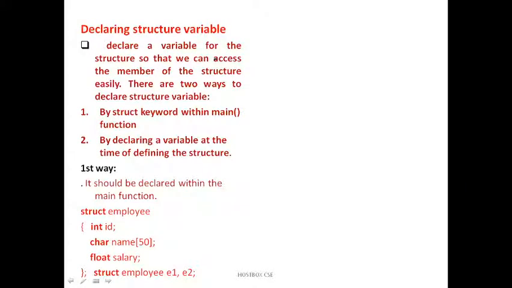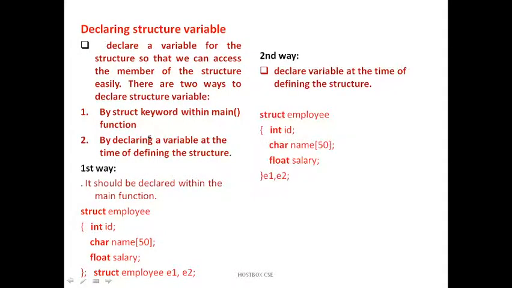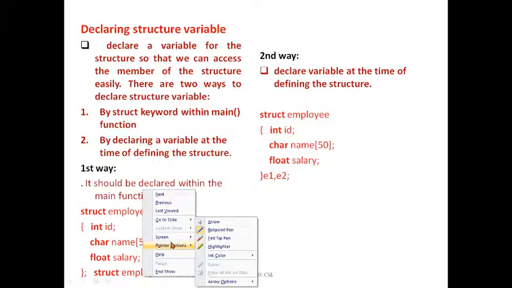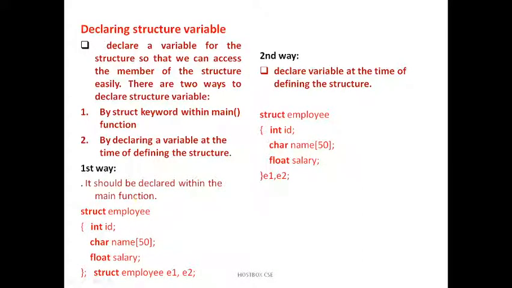Then declaring a structure variable. If you want to declare a structure variable we can use two methods. One is declaring with the struct keyword within the main method, another is declaring the variable at the time of defining the structure. See the first method. Suppose I use the first method in main.